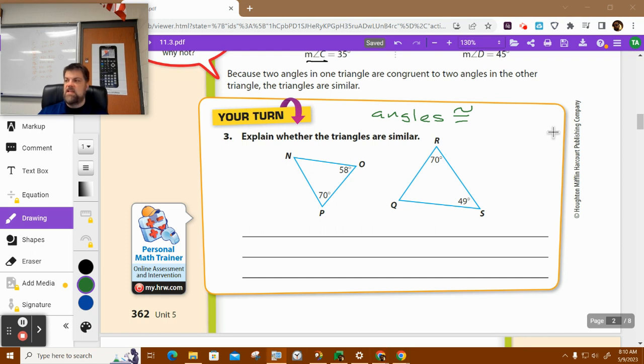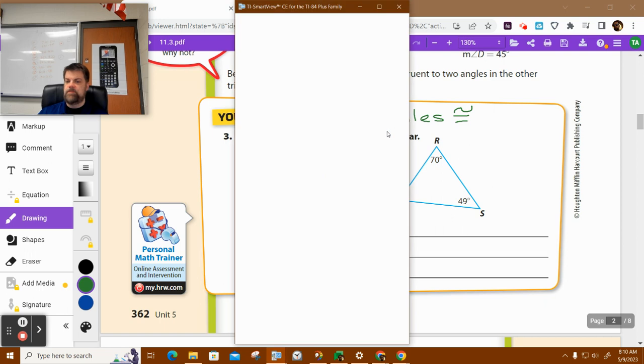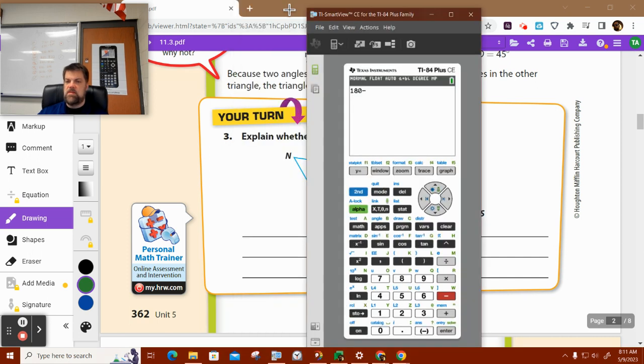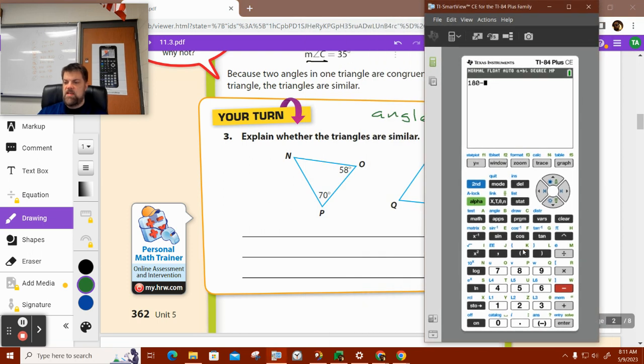Grab your handy dandy calculators if you grabbed one on your way in. And let's plug it in. I'm going to say 180 minus, and then in parentheses, 70 plus 58.